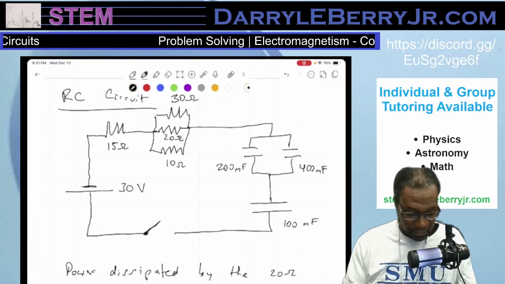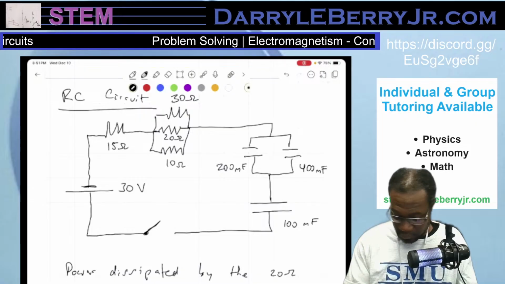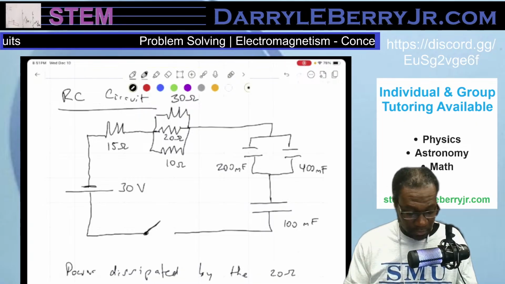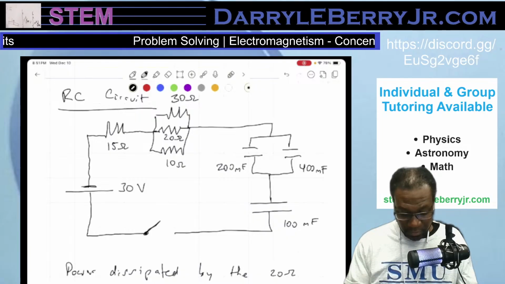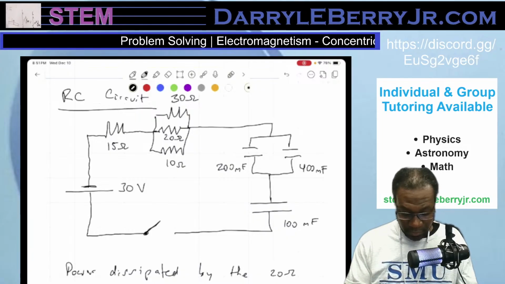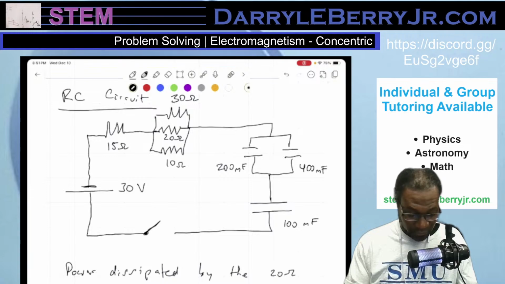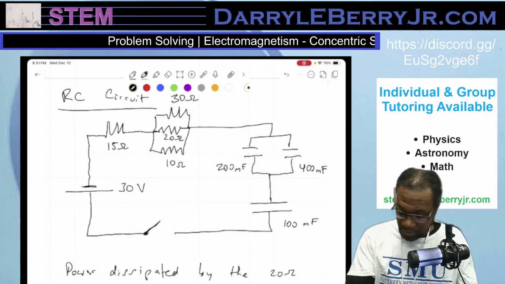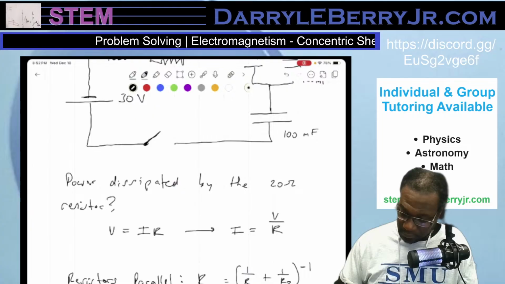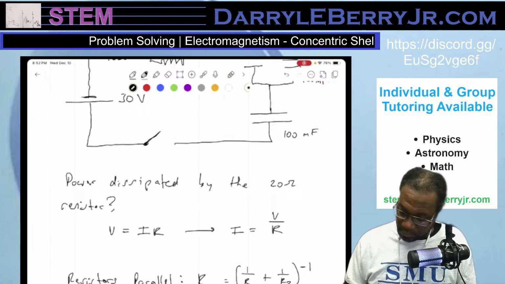So we have 1 over 10 plus 1 over 20 plus 1 over 30. To invert that. So this is 60 over 11 ohms.